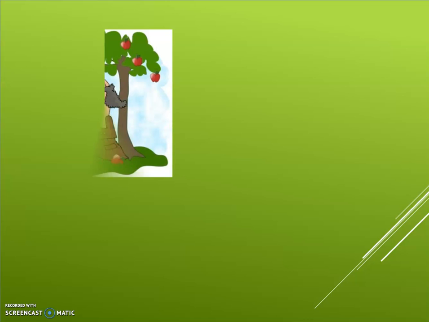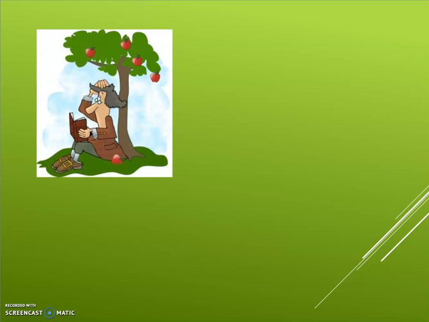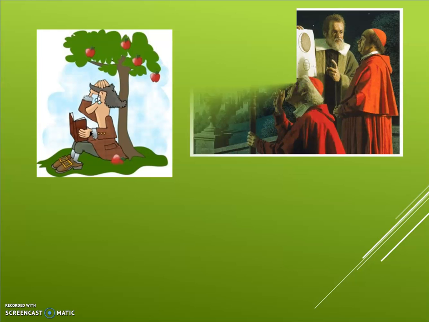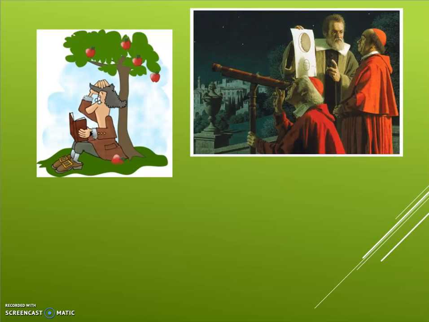So of course, there's a few people and ideas that kicked in. Newton, of course, is really important for this. His idea and development of the theory of gravity was really important. Galileo and his telescope was really important. I mean, Galileo looked at the moon, he looked at planets, he looked at things orbiting Jupiter.